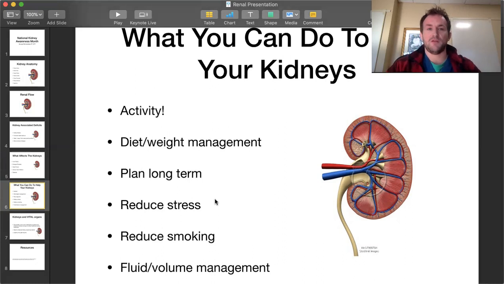Fluid and volume management. So there's a couple of caveats here. If you've got excess fluid, like you already have renal failure and kidney damage, your doctor may put you on a fluid schedule where you're only allowed a certain amount of fluids daily to allow your body to efficiently process and manage the concentration of your fluid.